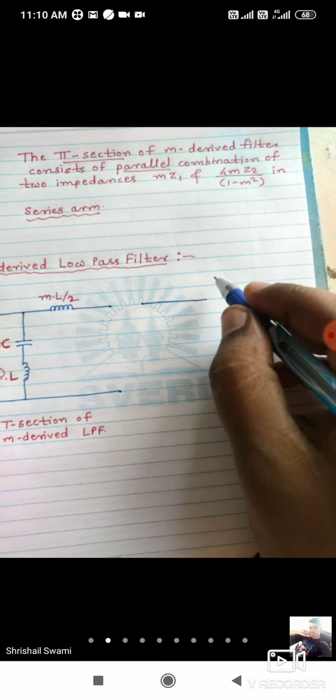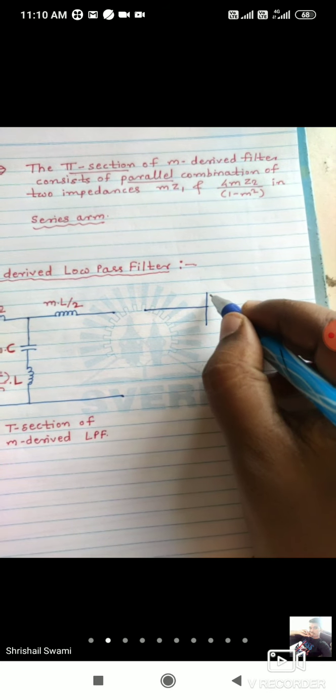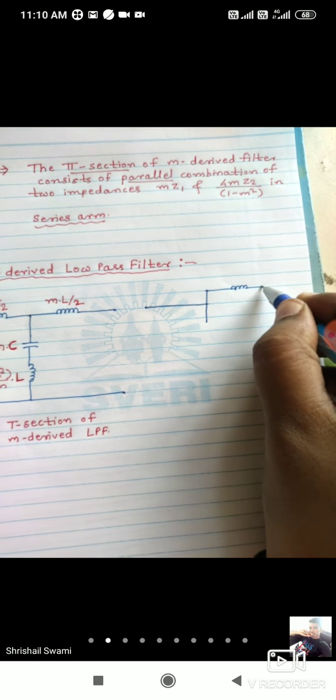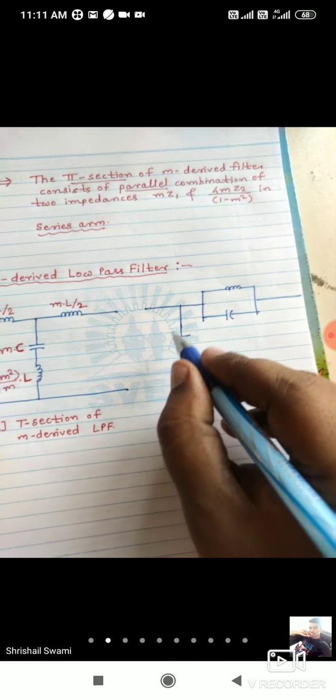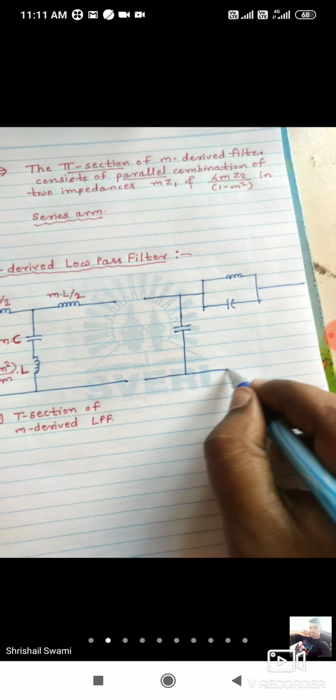Now similarly I will draw the pi section here. The pi section consists of a parallel combination in the series arm, obviously one inductor and one capacitor in parallel. The shunt arm consists of a capacitor, because in the low pass filter the pi section has a capacitor.